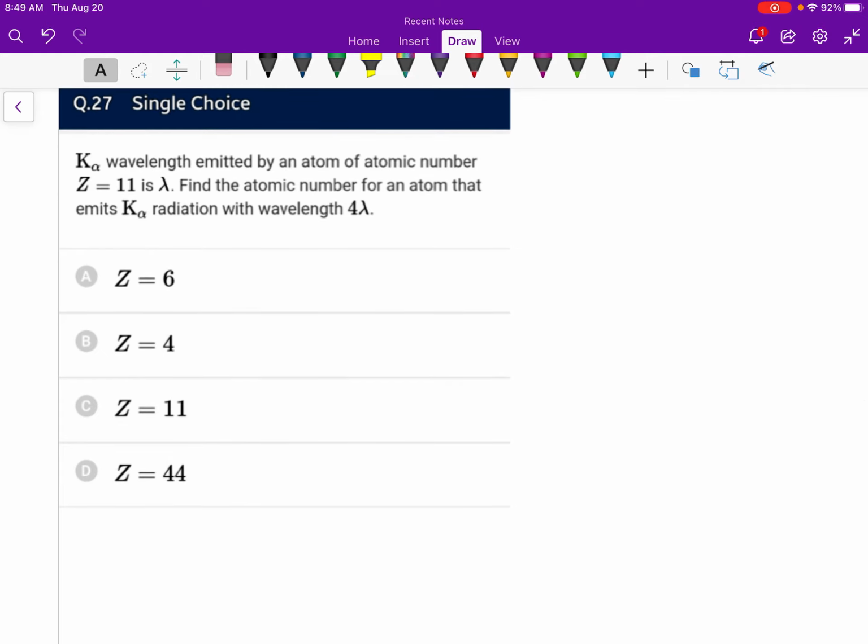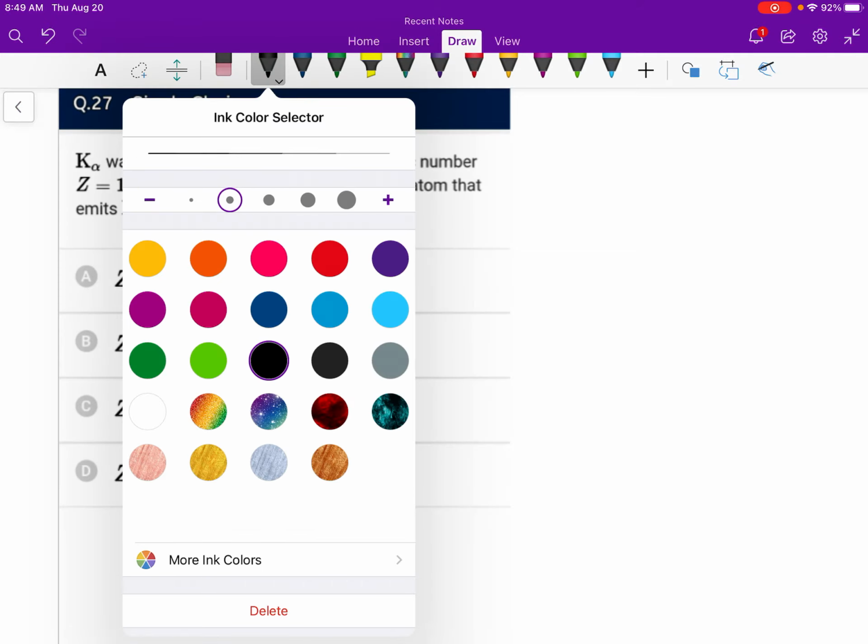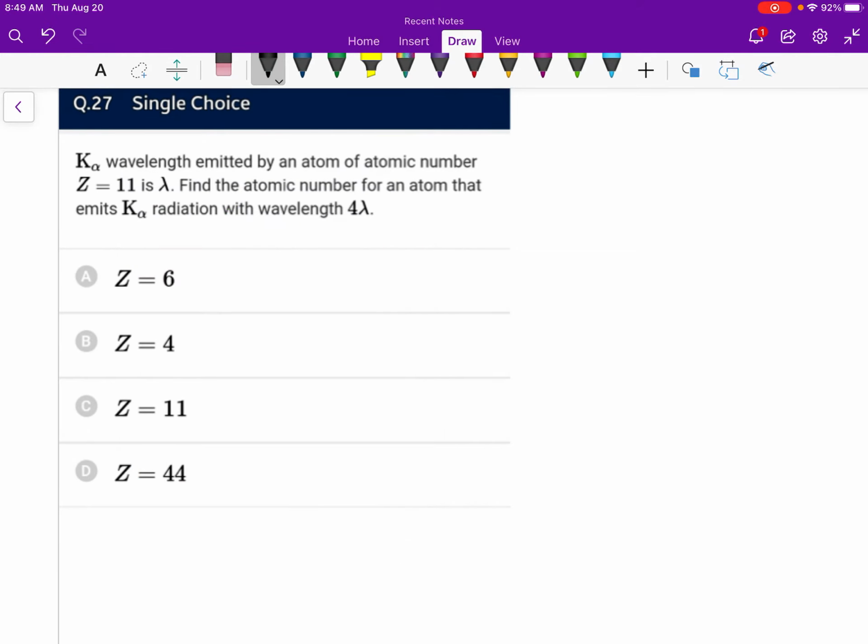K alpha wavelength emitted by an atom of atomic number Z is 11 is lambda. Find the atomic number for an atom that emits K alpha radiation with wavelength 4 lambda. Okay, so see, according to Moseley's law, under root of frequency of K alpha is a (z minus 1).